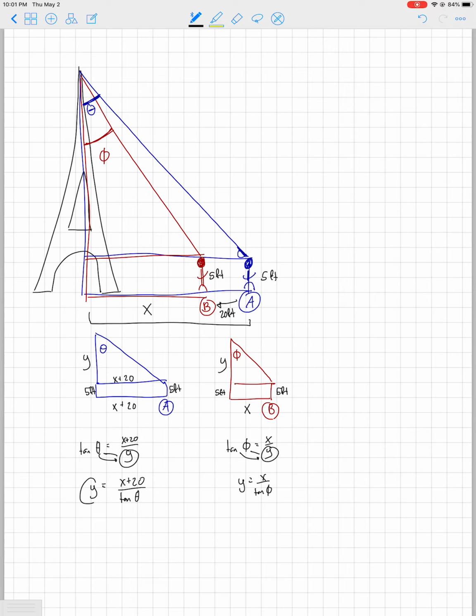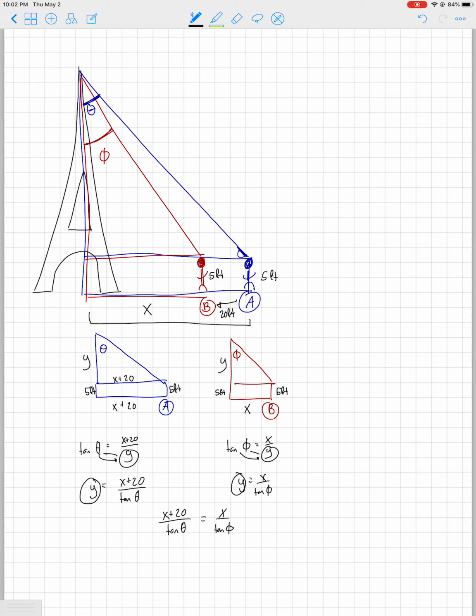Now, because we have the same variable, we can set them equal to each other: x plus 20 over tangent of theta equals x over tangent of phi. Now that we have just x, no more y, we can solve for it. Again, these angles were the ones from the clinometer.